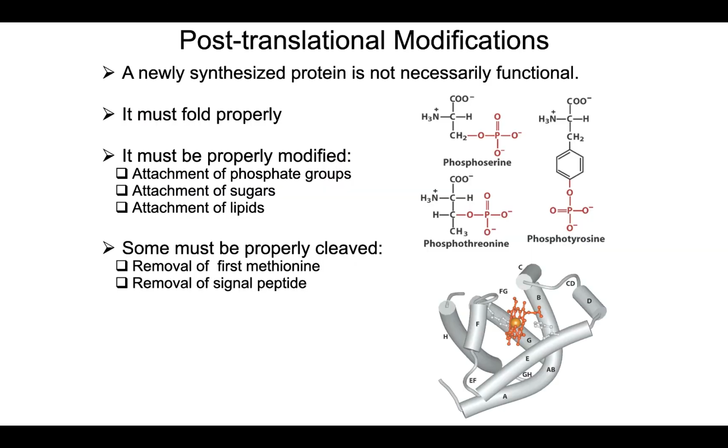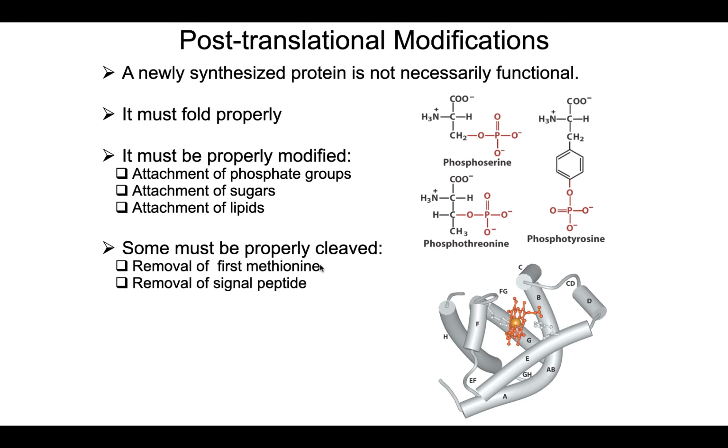Now, once a polypeptide is made, it's not necessarily the end of the story. Many proteins, to be functional, need, for example, covalent modifications. So the addition of phosphate groups to some of the R groups, the attachment of sugars, the attachment of lipids, the attachment of various cofactors like magnesium ions and heme groups. Some must be properly cleaved.